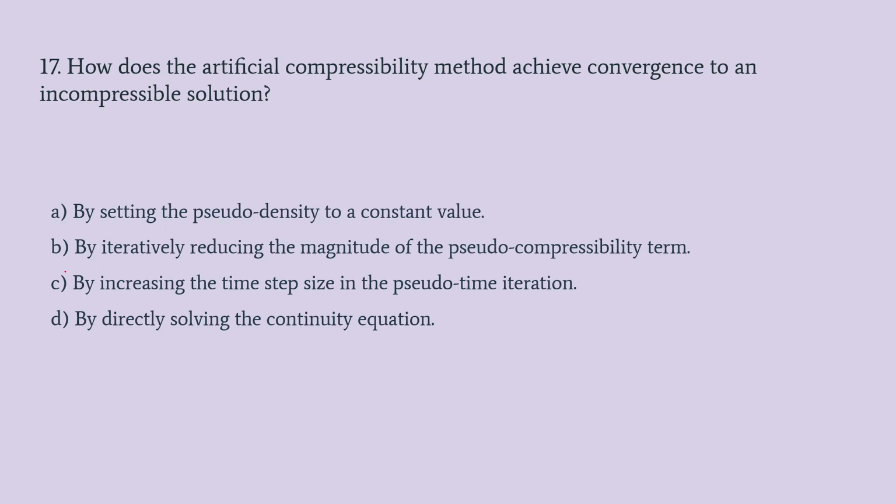Yes, you're right. Option B is our answer. In the previous step itself, I have told that we are introducing a new term, that is ∂/∂ρ*. This term is actually not there in the equation. We are introducing this.